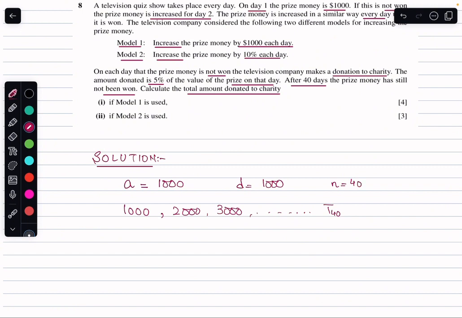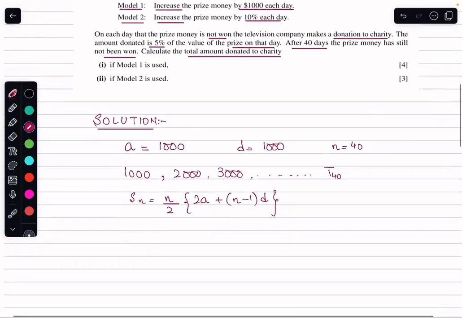So if model 1 is used, we have to get the total amount donated to charity. For the total amount, we always have to get the sum, and for that sum for 40 days, we know that the sum formula for arithmetic progression is Sn = n/2 times (2a + (n minus 1) times d).